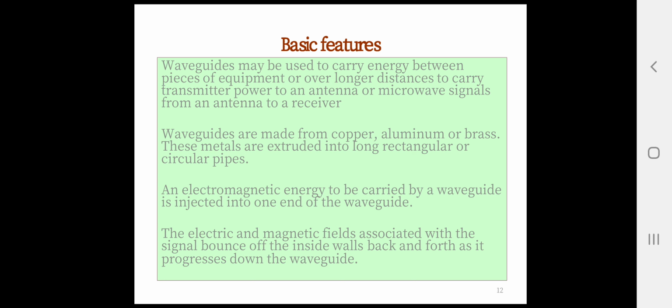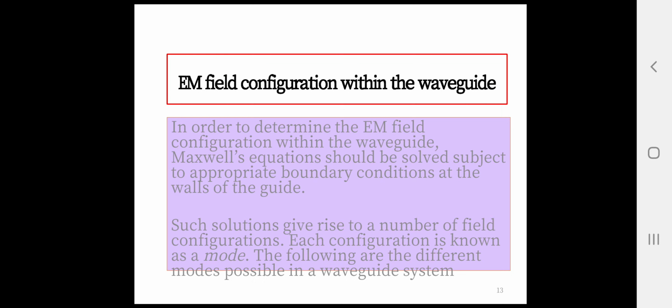The electric and magnetic fields are associated with the signal, and the signal bounces off the inside walls back and forth as it progresses down the waveguide. This is the signal wave propagation inside the waveguide.